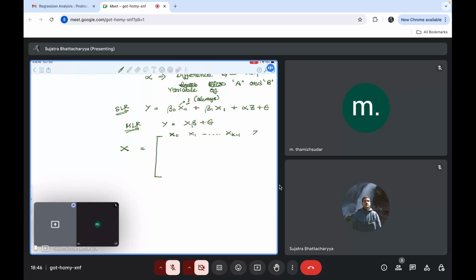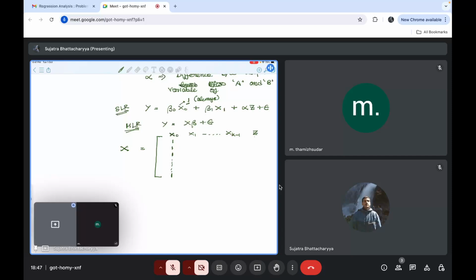And finally, you have a z. X naught, as I have already defined, is always 1. When we have used the multiple linear regression model, we have always kept the first column as 1. We have solved so many questions and we have kept it 1. And there are so many values of different regressor variables that you can put.